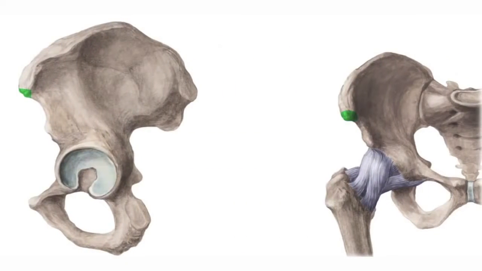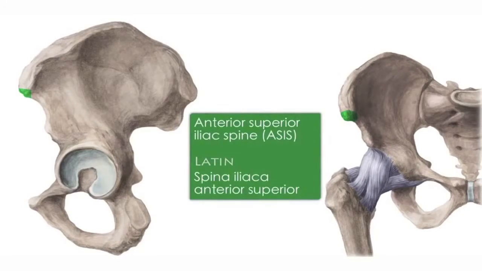One important thing about the ilium is that it has four different spines located in four different positions. Now, the first one is the one that you see here, which, as I already talked about, is the anterior superior iliac spine.